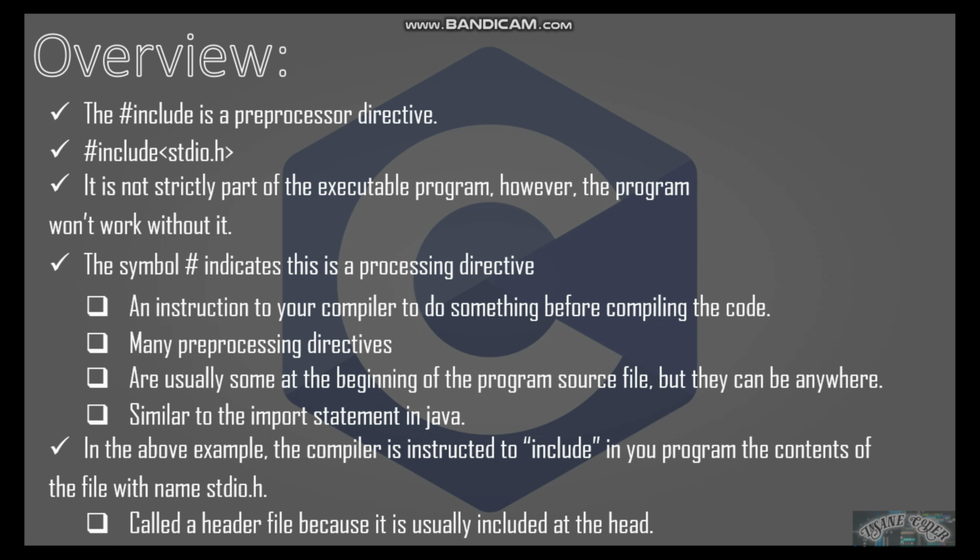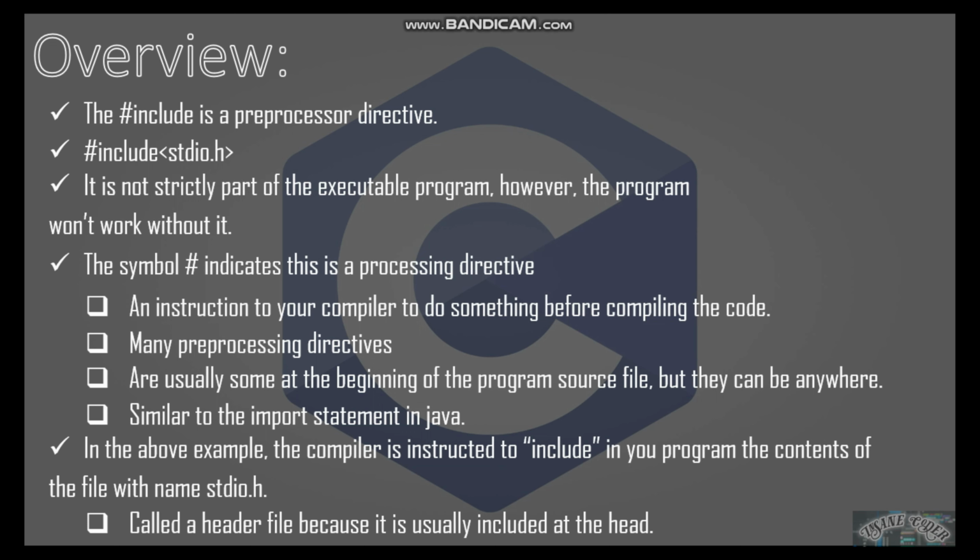So specifically, the include directive is going to have file names that end in .h. These are called header files. They're called header files because they're usually included at the top of the source file. It's one of the first things you do, is you include all your header files. And again, this preprocessor directive is saying, I want some of the code, some of the contents inside that file.